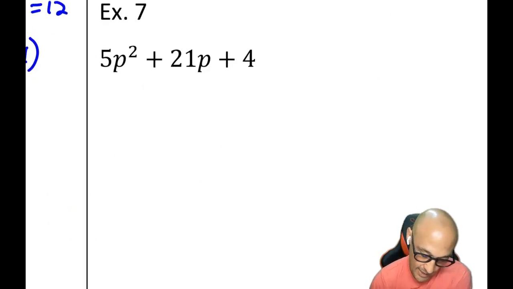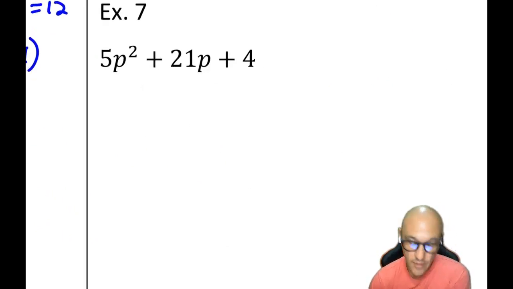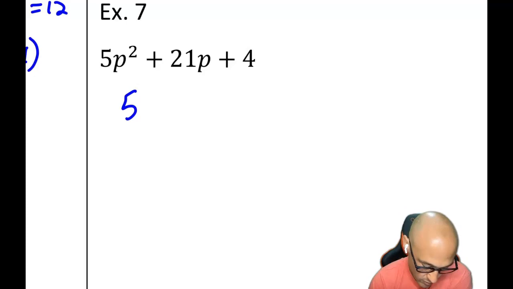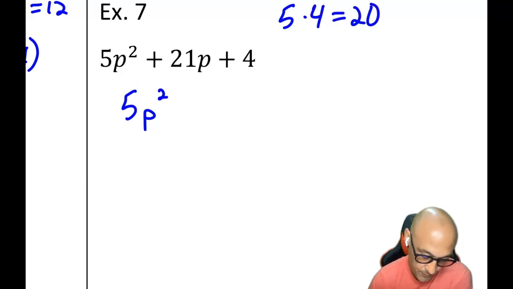All right, last one here. There is no greatest common factor here. So the first step is to break apart my middle term. And remember, the way that I want to break it apart is so that when I multiply the 2 parts, it has to equal 20.